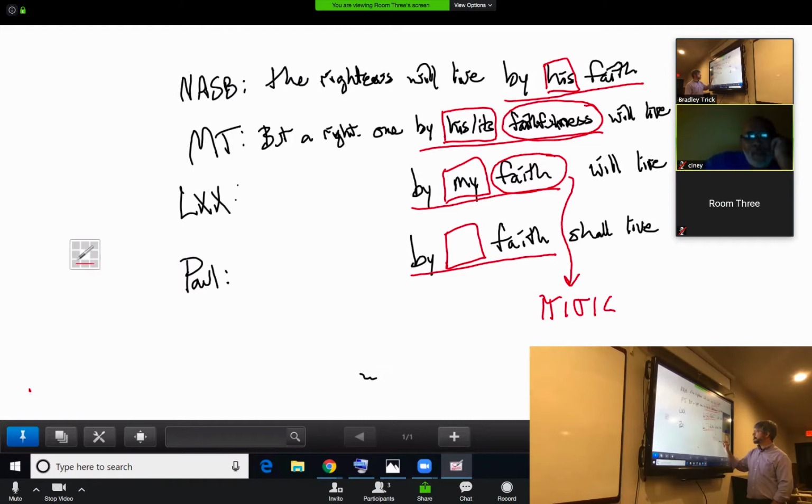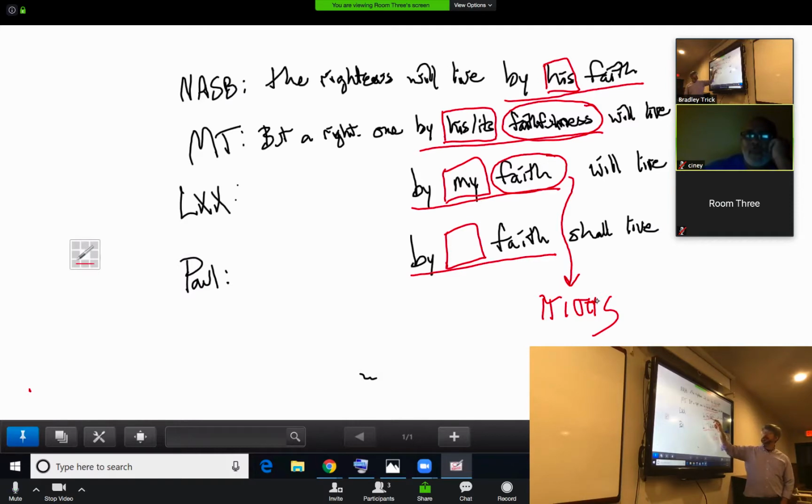Pistis. Pistis in Greek can mean either faith or faithfulness. Remember we talked about that when we were doing word studies, and kind of the Campbell reading of trust versus belief versus faithfulness.